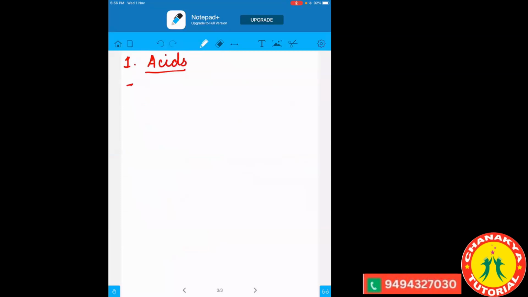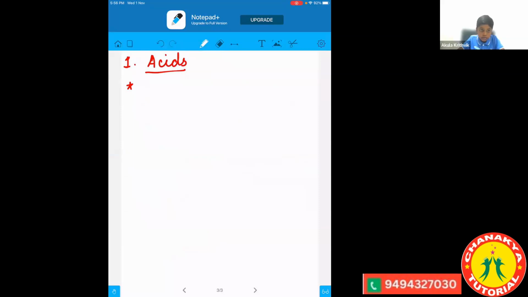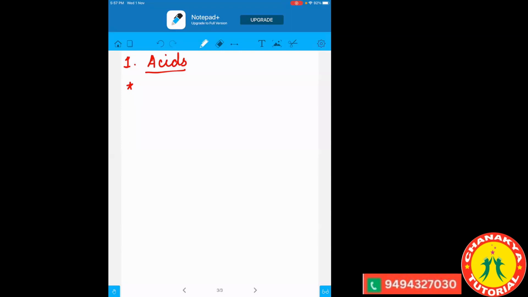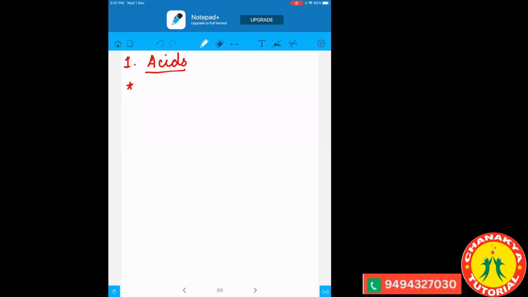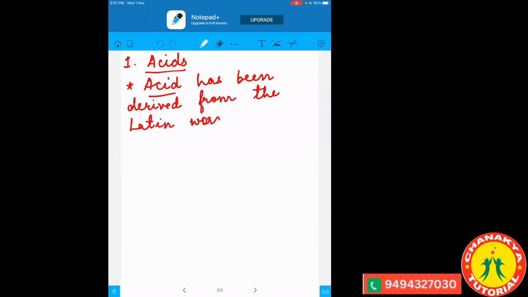Do you know the word acid is derived from which Latin word? What is it? No. Basically, the word acid has been derived from the Latin word acidus.